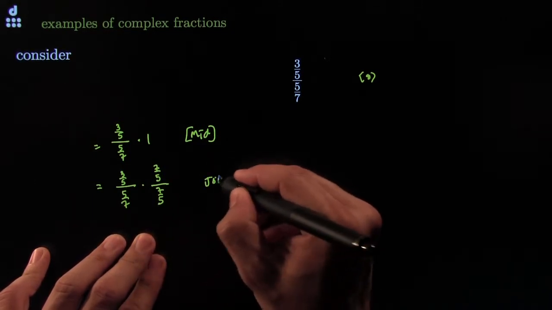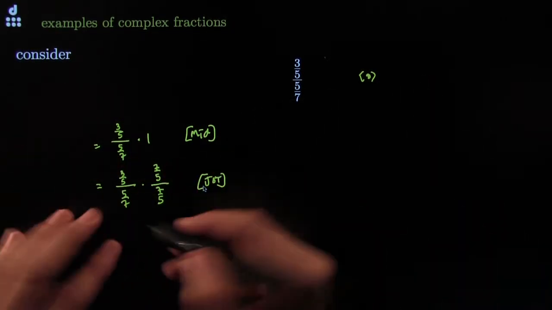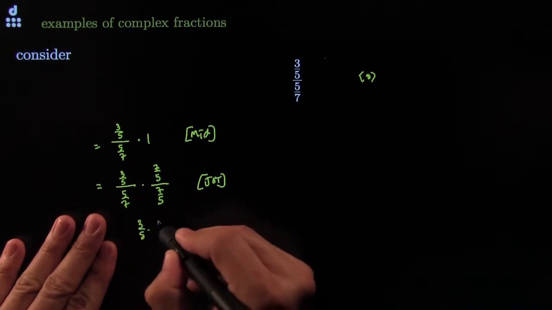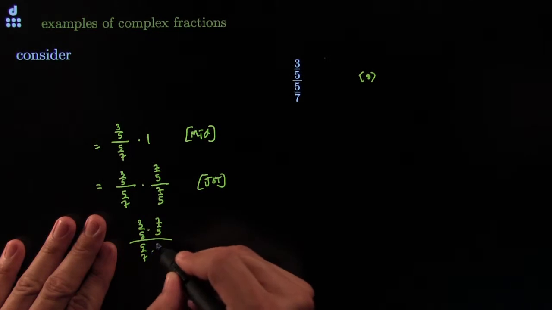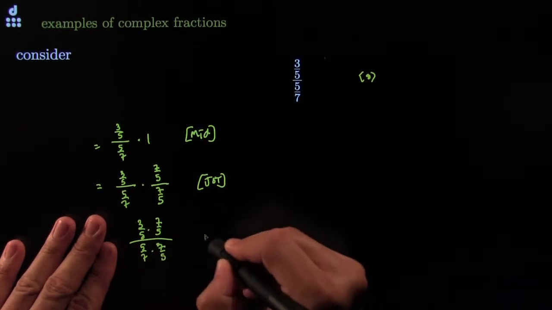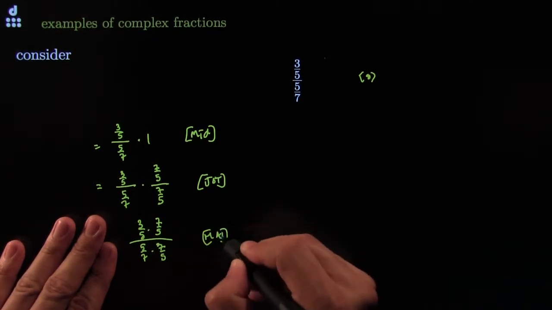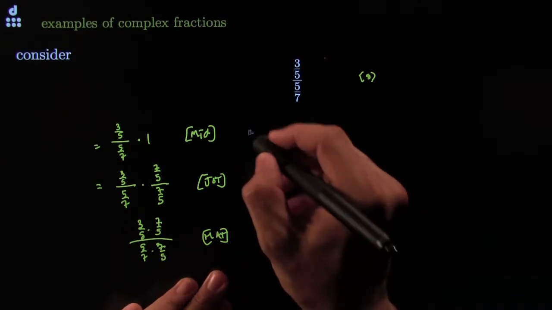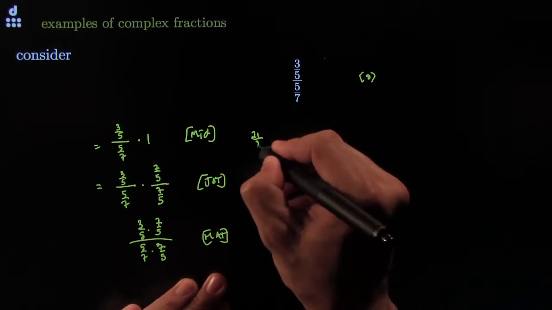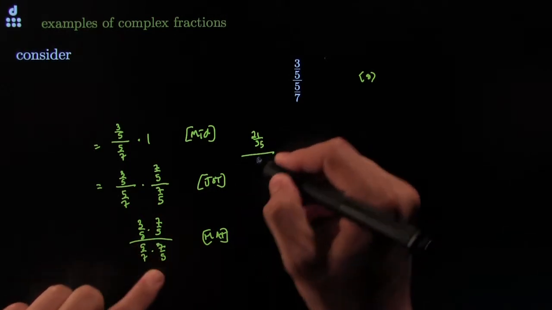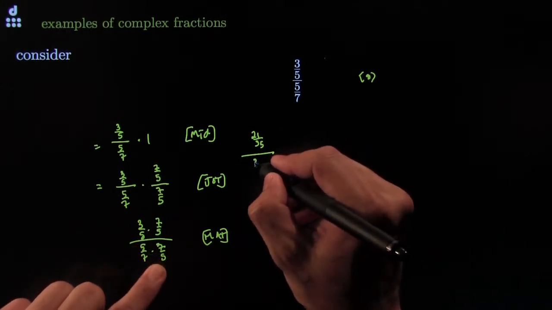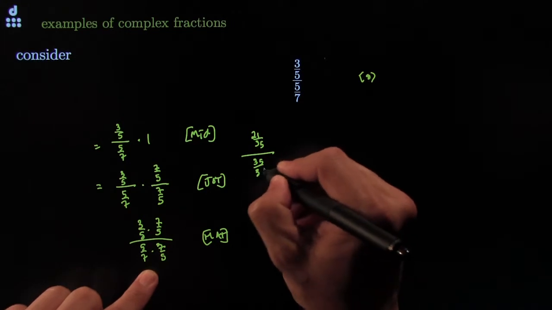This is just 1, a number over itself. Then I multiply across, so I have 3 over 5 times 7 over 5, all over 5 over 7 times 7 over 5. That's by math. Then I do that again, so the top becomes 21 over 25. On the bottom I have 7 times 5 is 35, and 7 times 5 is 35.